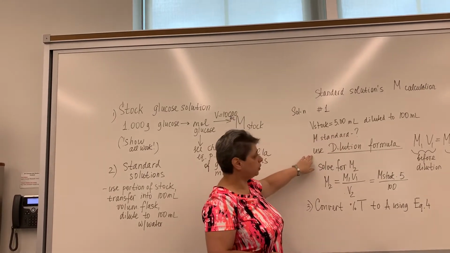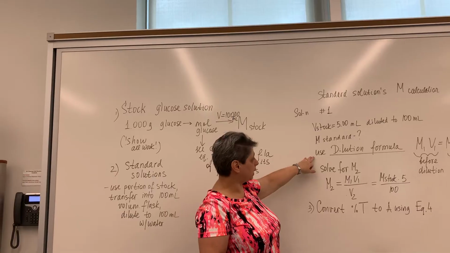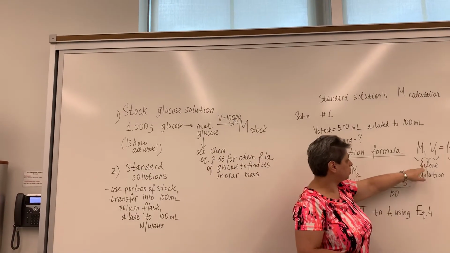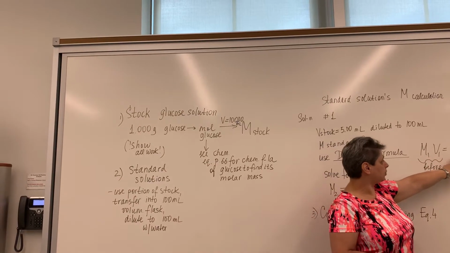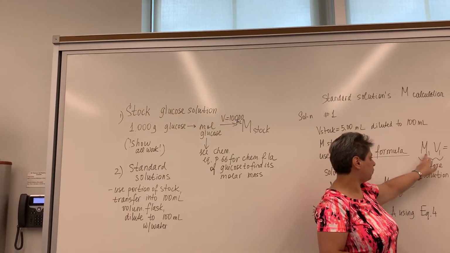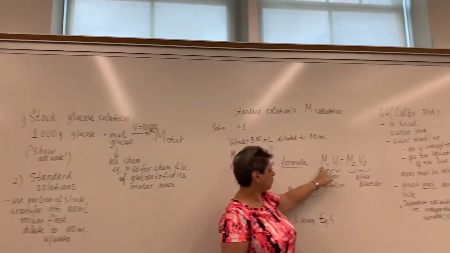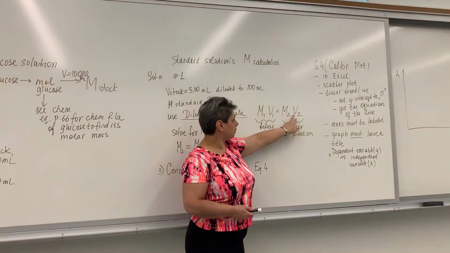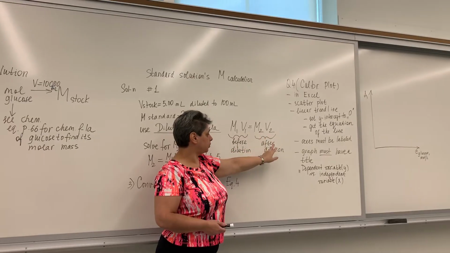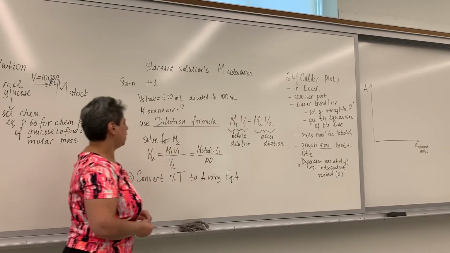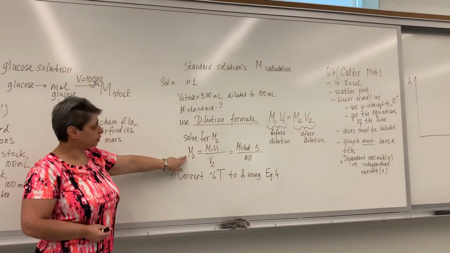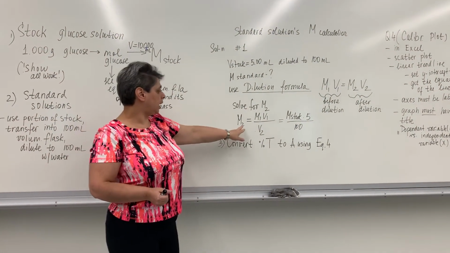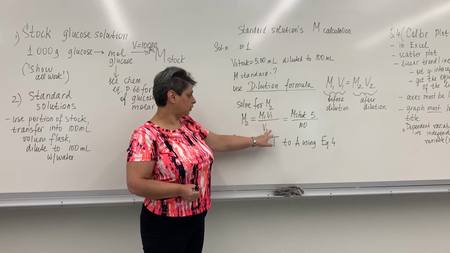And you need to use the dilution formula, which hopefully is familiar to you from Chem 1240. Reminder, the dilution formula is M1V1 equals M2V2, where M1 and V1 are the molarity and volume of the solution before it's diluted, and M2 and V2 are the molarity and volume of the solution after dilution. In this instance, we need to solve for M2 because we're finding the final molarity of the standard, and M2 can be found as M1V1 over V2.